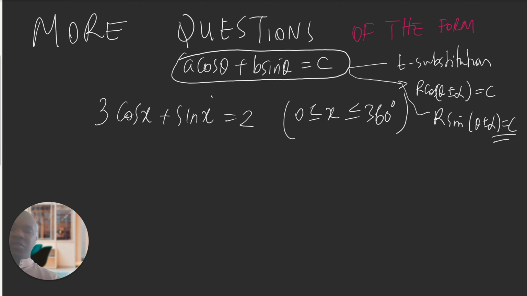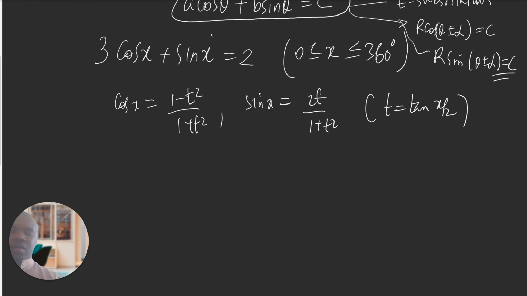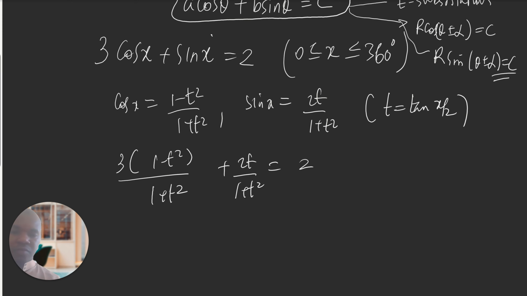So by using t substitution, cosine x is 1 minus t square over 1 plus t square, and sine x is 2t over 1 plus t square. Mind you, t here will be tan x over 2. So to proceed solving the question, we'll have 1 minus t square over 1 plus t square plus 2t over 1 plus t square equal to 2.